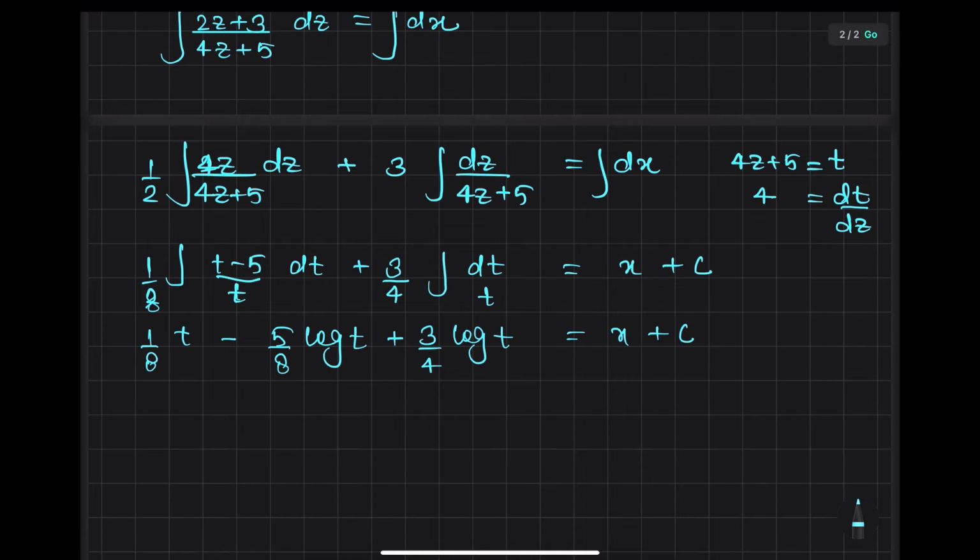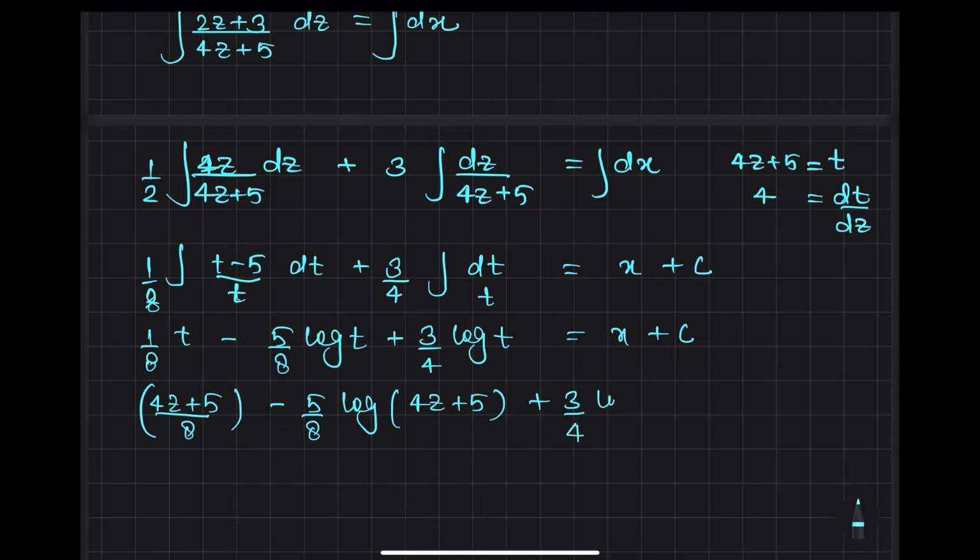Who is t? t is 4z plus 5, divided by 8. This is for the first part. So 4z plus 5 by 8, minus 5 by 8 log (4z plus 5), plus 3 by 4 log (4z plus 5) is equal to x plus c.